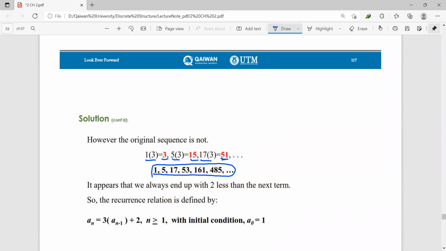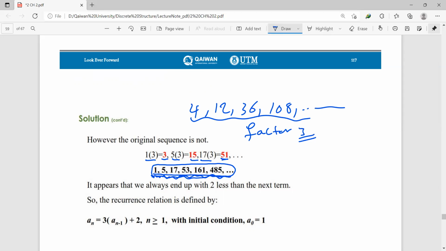By comparing the original sequence with the difference as 4, 12, 36, 108, and so on, we say this is going by factor 3.